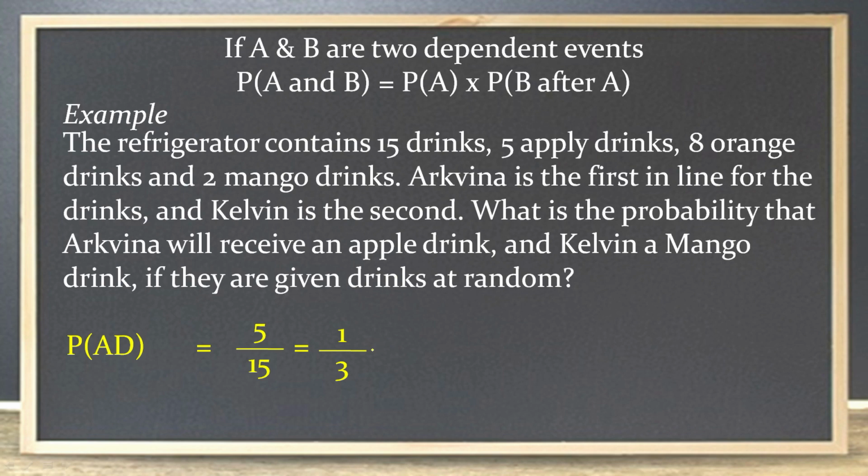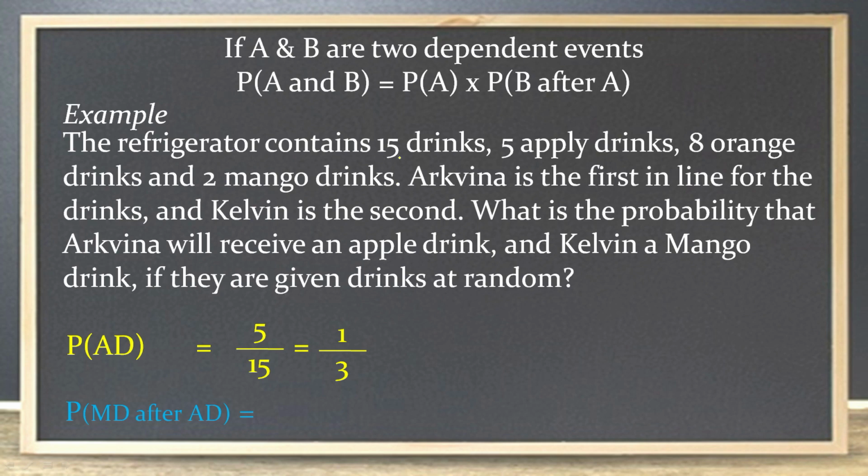And we are also going to find the probability of Kelvin receiving a mango drink. And we have 2 mango drinks, okay? So the probability of a mango drink after the apple drink has been chosen is actually 2, because we have 2 mango drinks, so 2 becomes the event. And now the total outcome is no longer 15 because Avina has already chosen 1 apple drink.